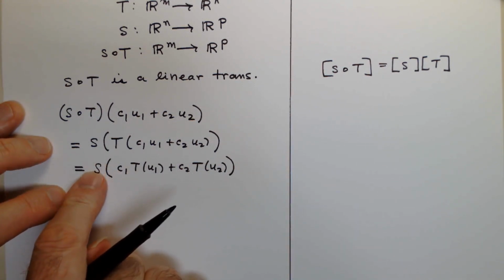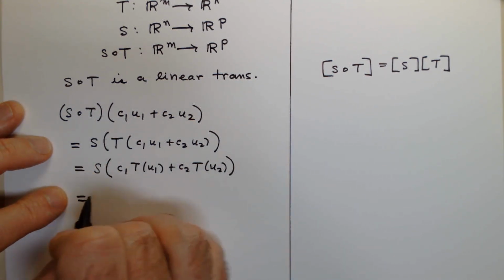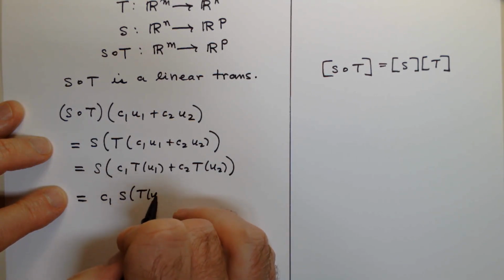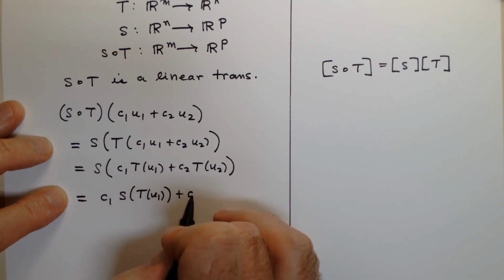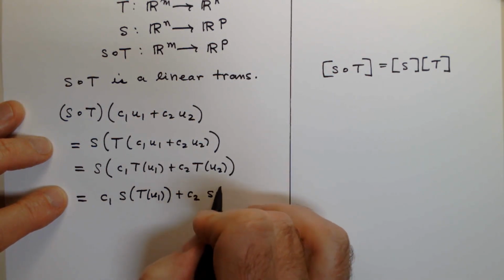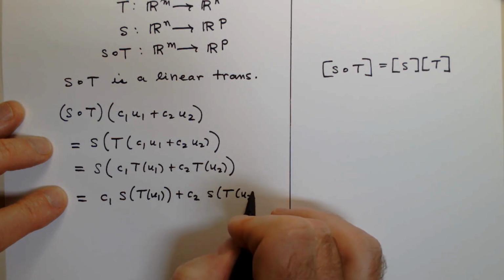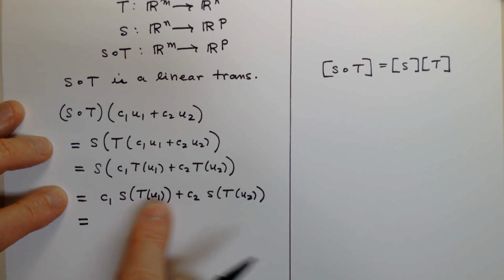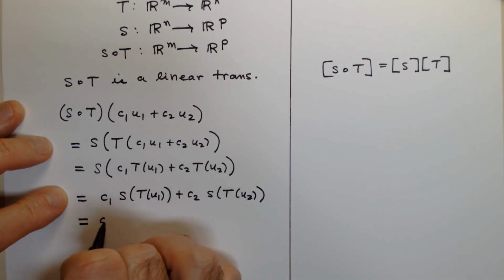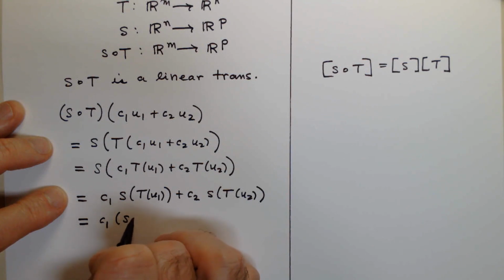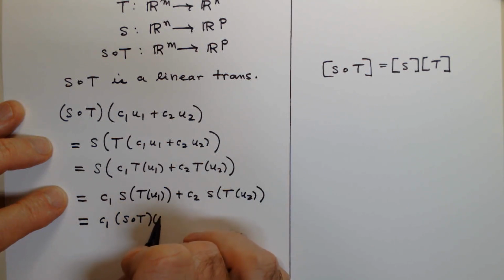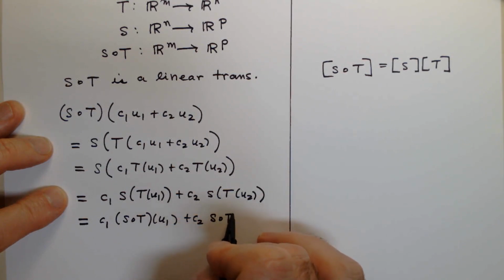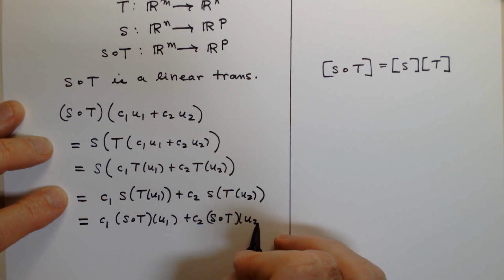Now we'll use the fact that S is a linear transformation, and we'll write this as C1 S of T of U1 plus C2 S of T of U2. And now we'll just rewrite this using composition notation. So we can think of this as C1 S composed with T applied to U1 plus C2 S composed with T applied to U2.